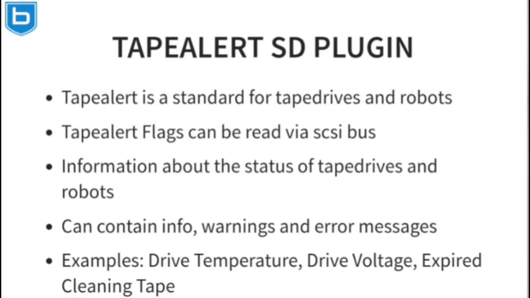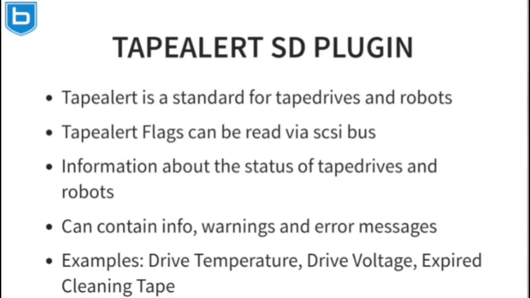So if there's any warning condition, any error condition, a certain tape alert flag can be set by the hardware. And if you read it out and know the meaning of these tape alerts, then you can also understand much better when there are problems with your tape hardware.